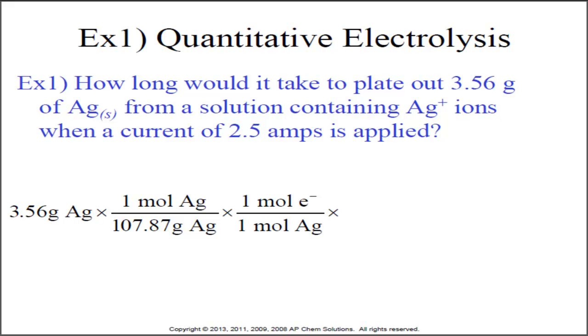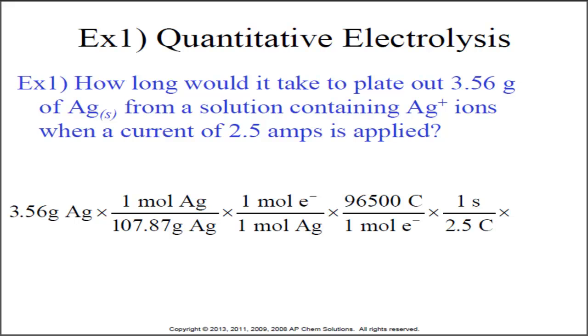Now if your cation had a +2 charge, like if we had calcium or iron 2 or nickel 2 or something like that, then we would use 2 moles of electrons there. So then our next step, we would use our Faraday's constant in coulombs per mole of electrons, and then we would use our amps, which remember an amp is a coulomb per second.